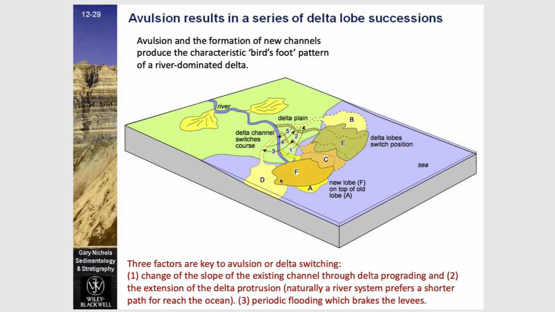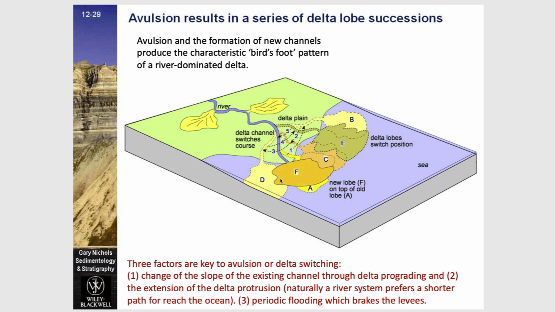The first one is the change of the slope of an existing channel through delta progradation. If sediment accumulates, you can modify the morphology of the channel. In some cases, the sediment, like the example of the Mississippi River, will extend as a protrusion, so we form a delta protrusion.